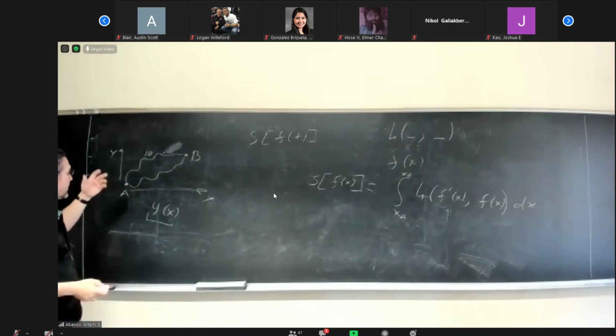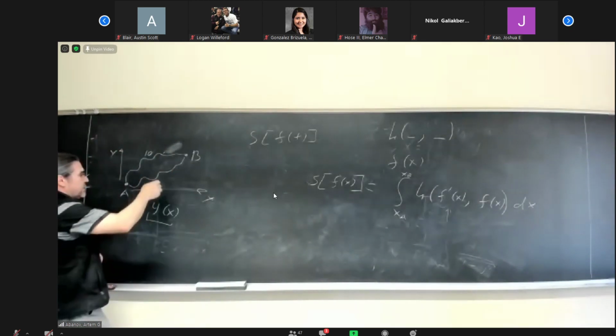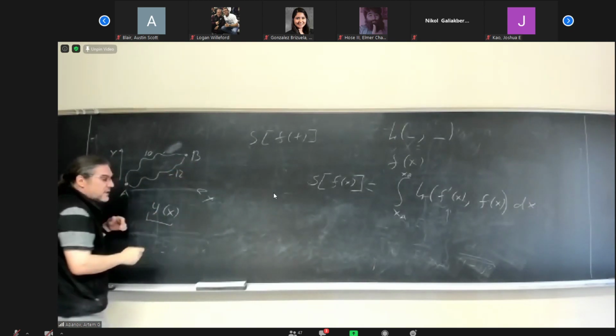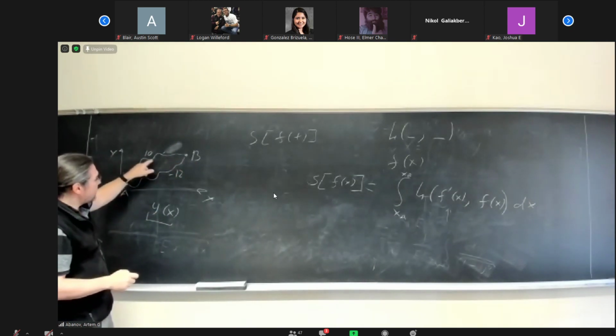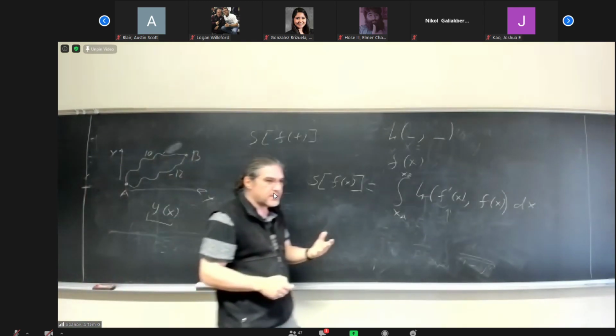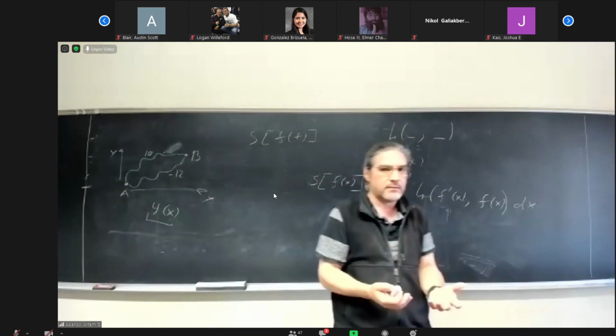If I do this, my money changed by 10. If I do this, my money changed by minus 12. So each of those paths gets assigned a number. That's a functional.